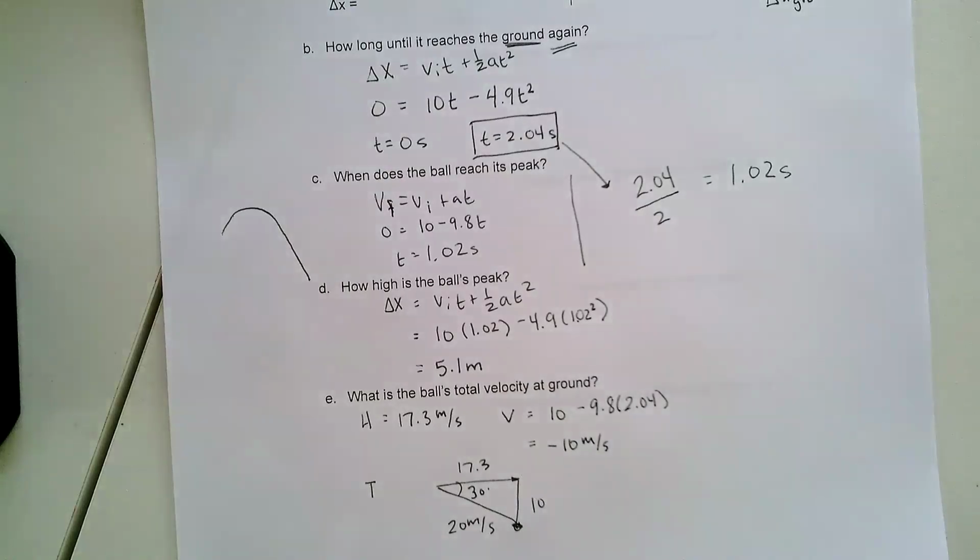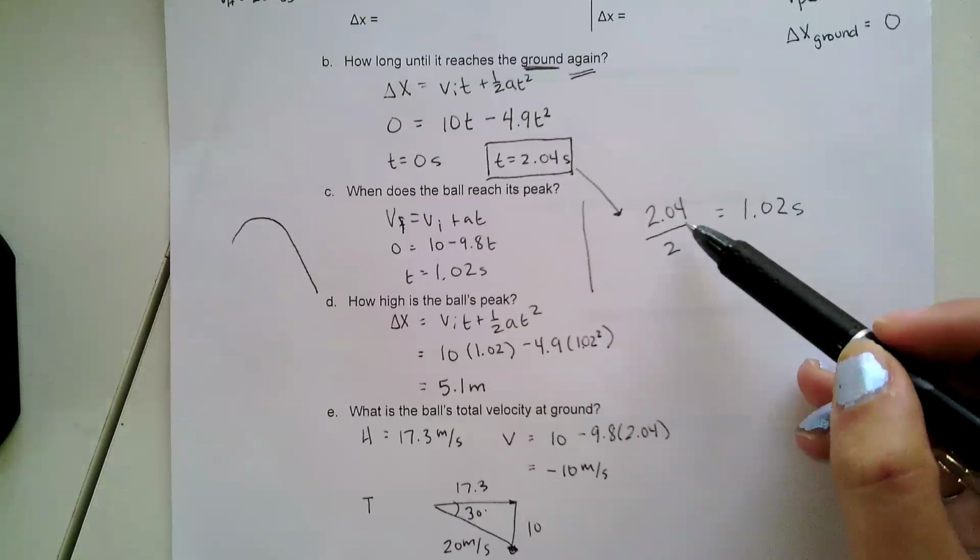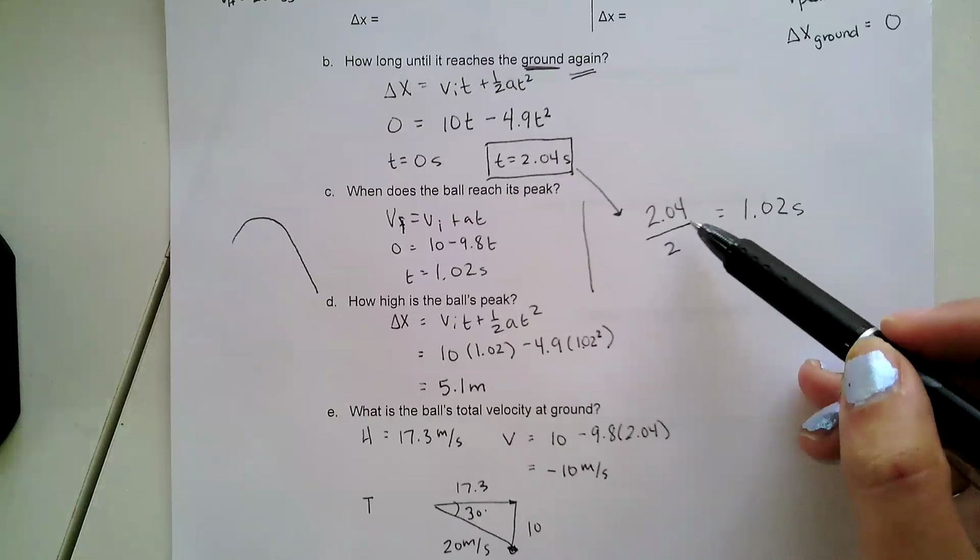One thing I might ask here that I realize I didn't put on this worksheet is how far does it travel horizontally between when it leaves the ground and when it hits the ground. What's cool is because there's no acceleration, it's really just distance equals rate times time.